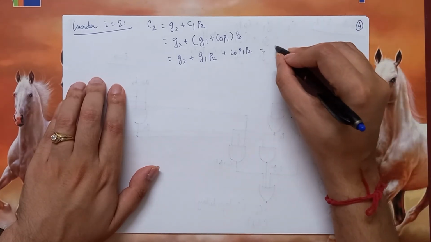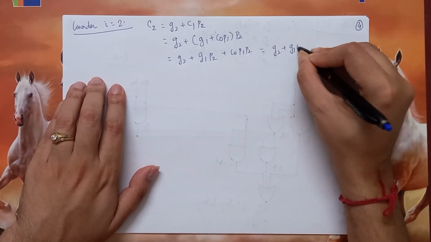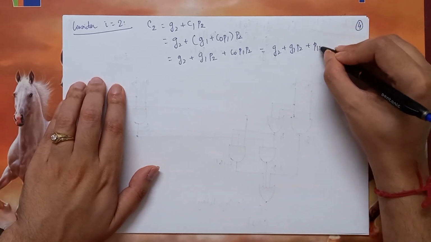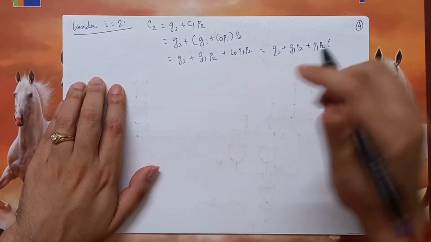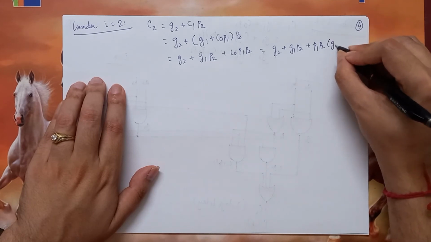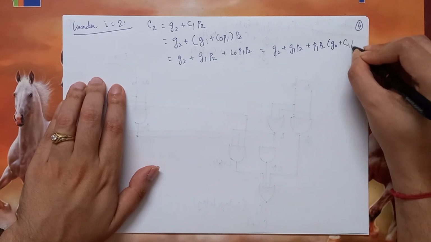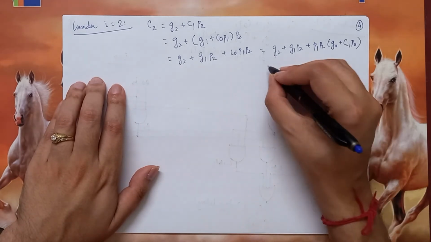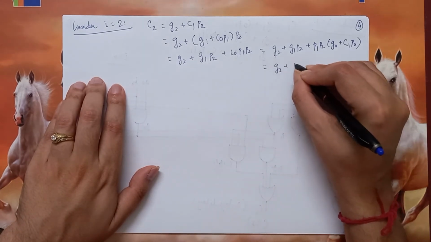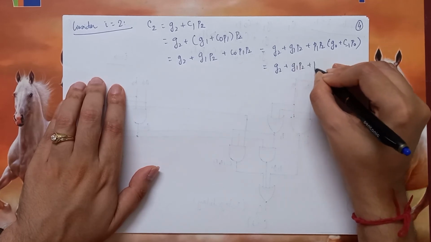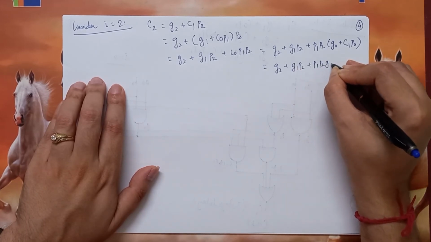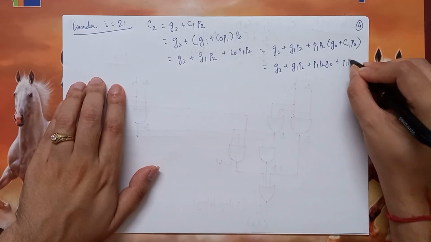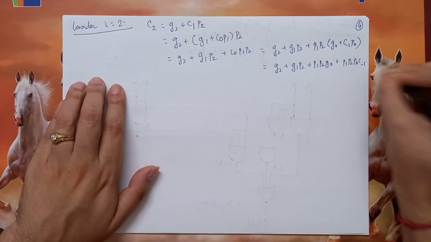Now P1 P2 will be common, and C0 will be G0 plus C minus 1 P0. Finally this will be G2 plus G1 P2 plus P1 P2 G0 plus P1 P2 P0 C minus 1.